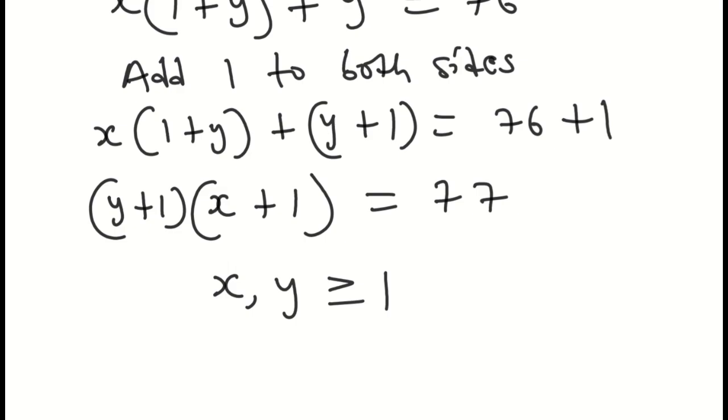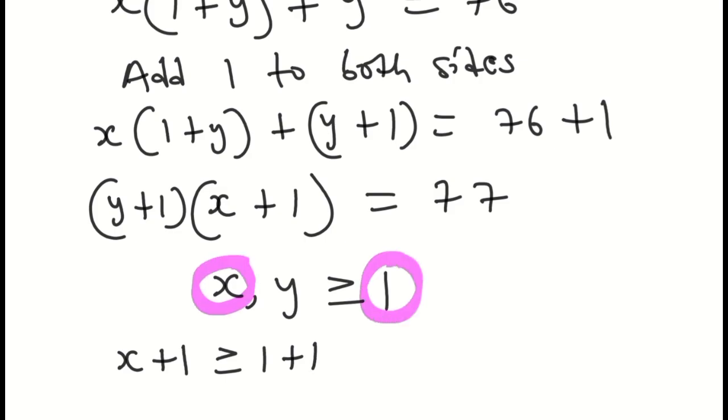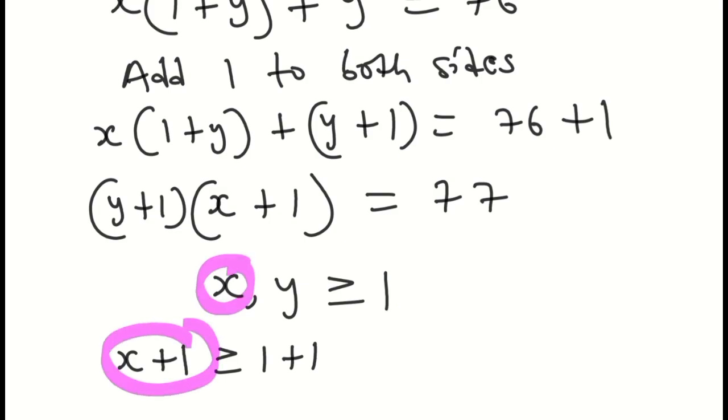Now, if we know that x is greater than or equal to 1, same thing for y, what does this mean? It means that x plus 1 will be greater than or equal to what? 1 plus 1. See what I'm doing here. If x is greater than or equal to 1, it means that if I add 1 to x, I must also add 1 to the right hand side to give me 1 plus 1. Why am I adding 1 to x?